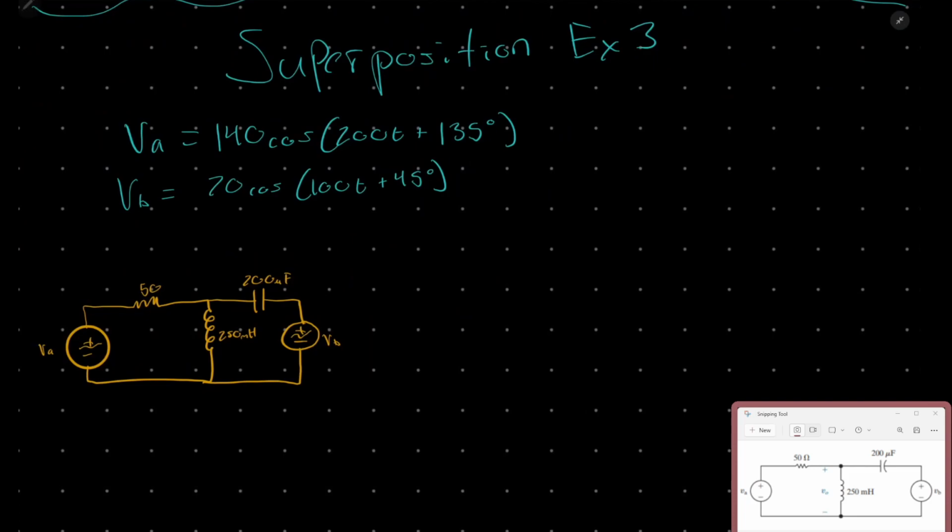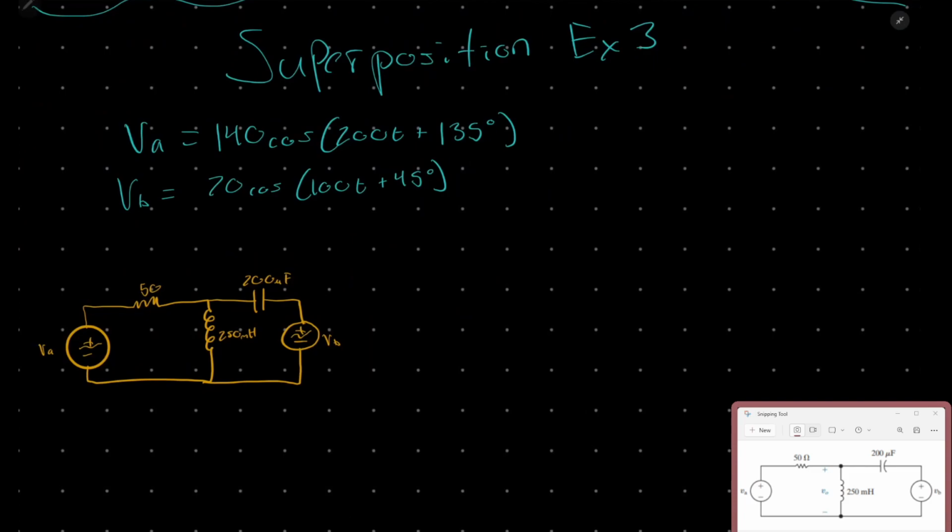This is the main reason that you would use superposition in the first place: if you were trying to solve a circuit that has two sinusoidal functions with different frequencies.